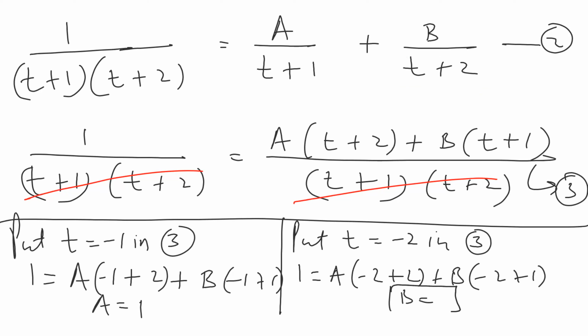So a will get eliminated. So b into minus 1 is equal to 1. So b is equal to minus 1. Now we are going to put the value of a and b in equation number 2.